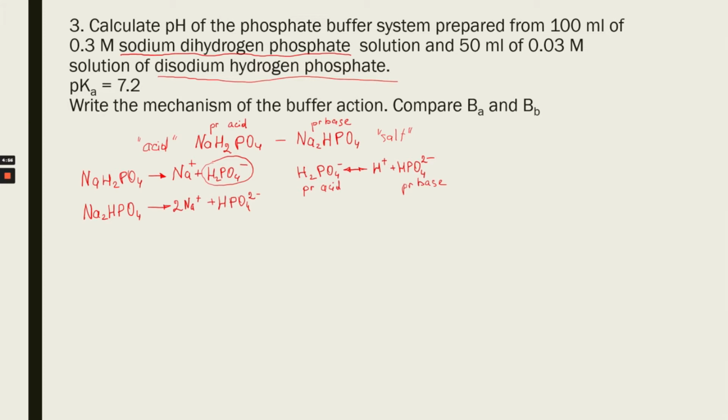The next part of our problem is to write the mechanism of the buffer action. So I remind you that a buffer solution is such a solution that can keep almost constant pH after adding strong electrolytes. We can add strong electrolytes of different types, but we consider only those electrolytes which can change pH somehow.